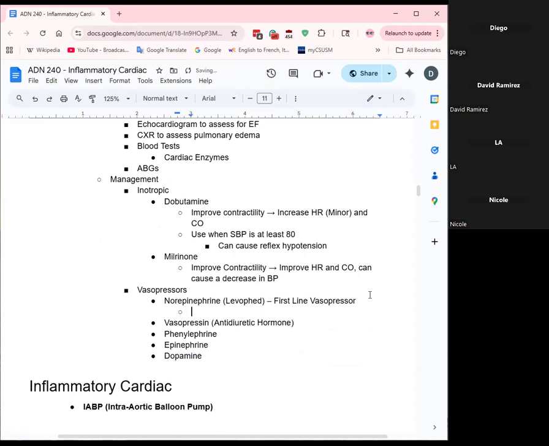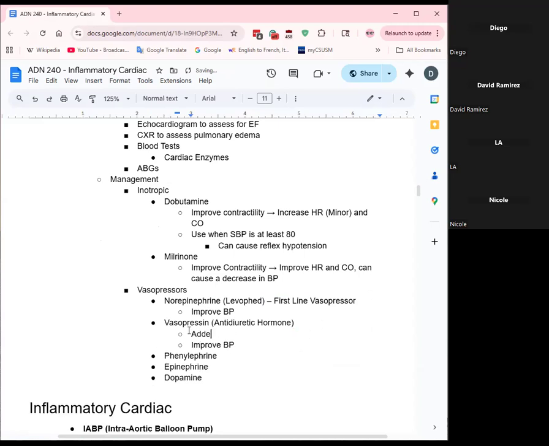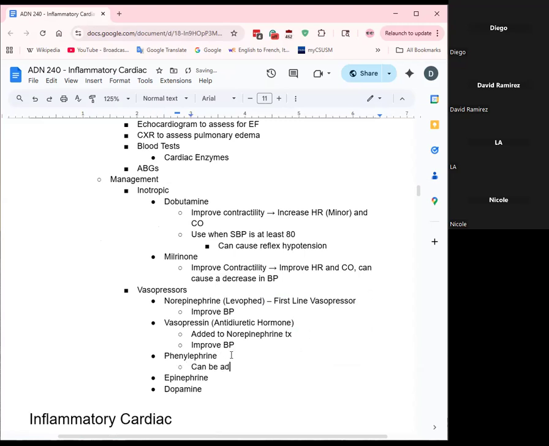So remember, vasopressin is going to improve blood pressure, improve BP. Phenylephrine, also, this one doesn't impact the heart rate as much. These don't impact the heart rate very much.